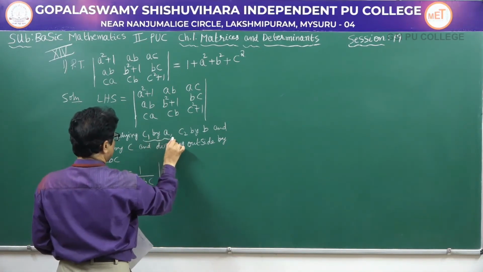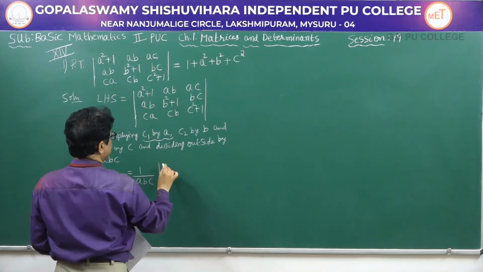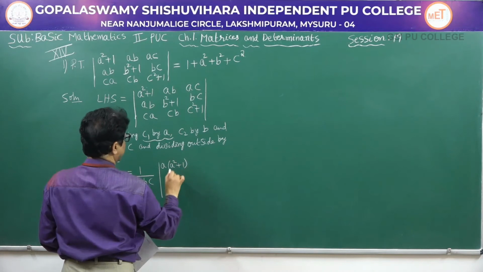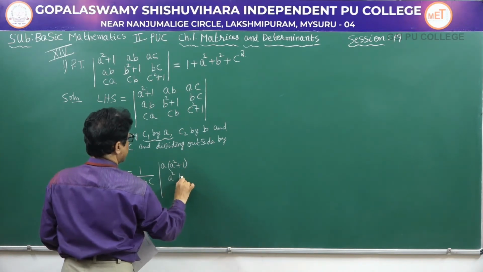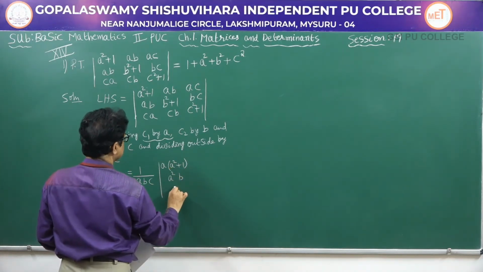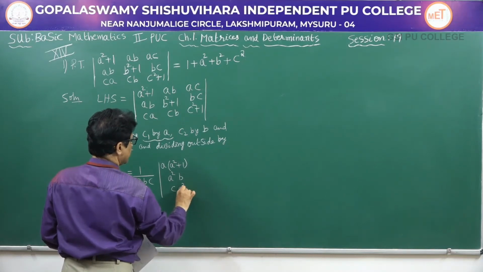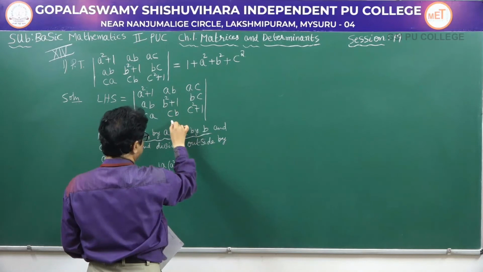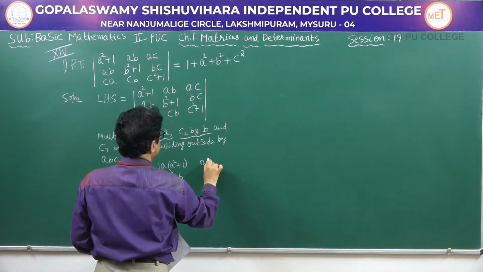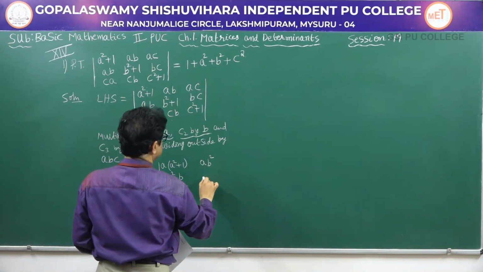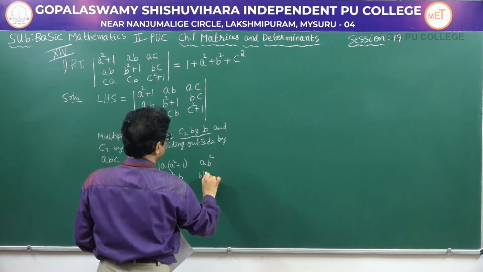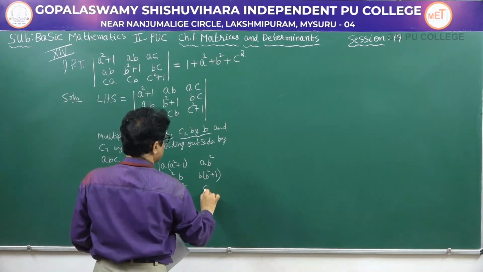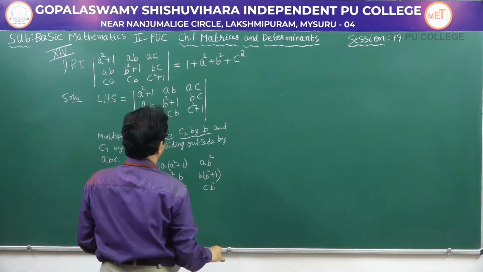So, here we are multiplying column 1 by A, that is A into A square plus 1, A square B, C into A square. Next, we multiply column 2 by B, that is A into B square, B into B square plus 1, C into B square.